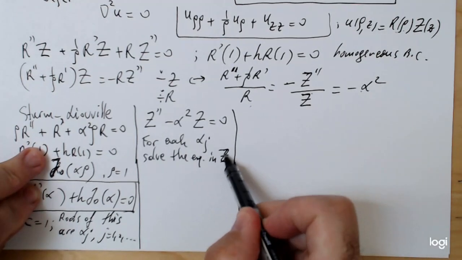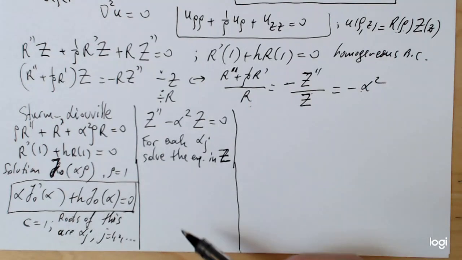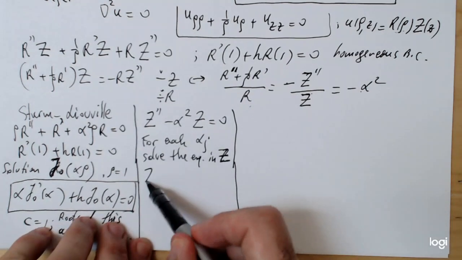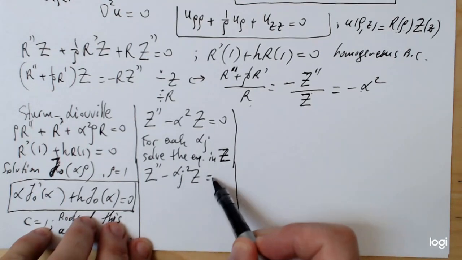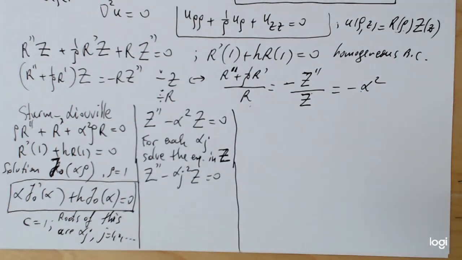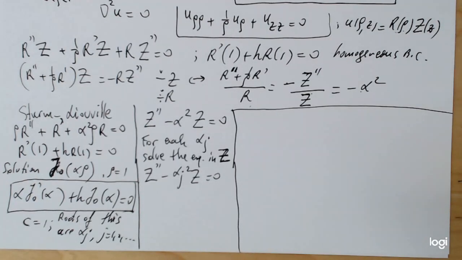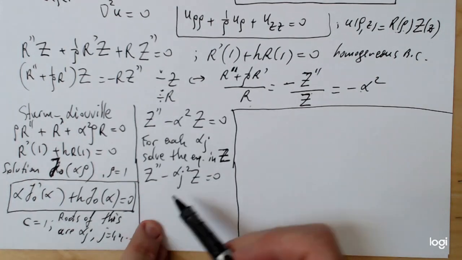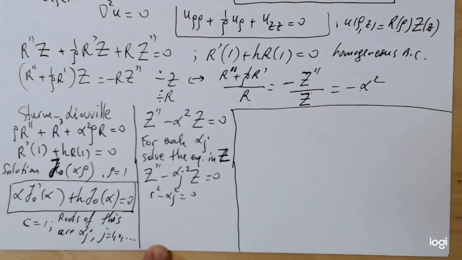Now we label the solutions by j because there are infinitely many of them. So we're going to have Z double prime minus alpha j squared big Z equals 0. This is a second order ODE with constant coefficients, an old-fashioned one from the ordinary differential equations course. Just to make it clear, remember the characteristic equation is given by this.